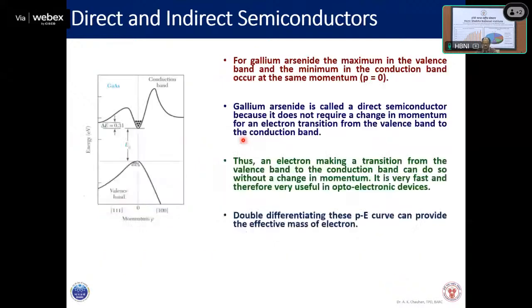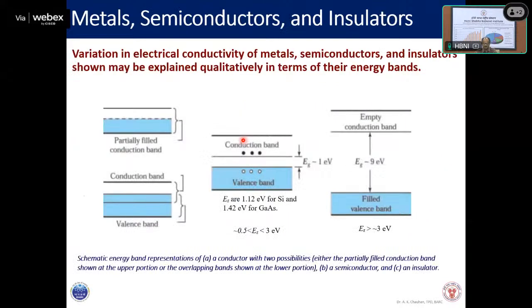Based on the band gap, we can differentiate the materials into three different classes. These are metals, semiconductors, and insulators.